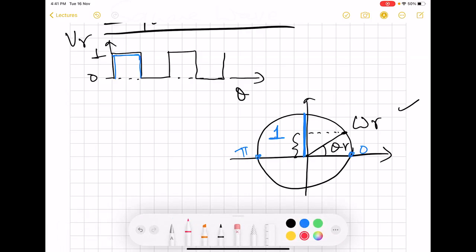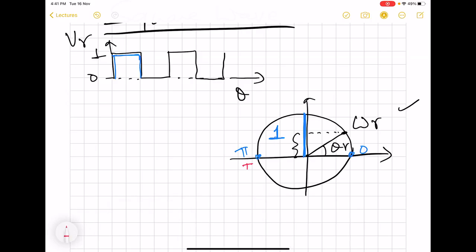Similarly, when the phasor is between pi and 2 pi, that means when it is in the lower half of this motion, then the projection is going to be negative, and we will treat that entire negative range as 0.